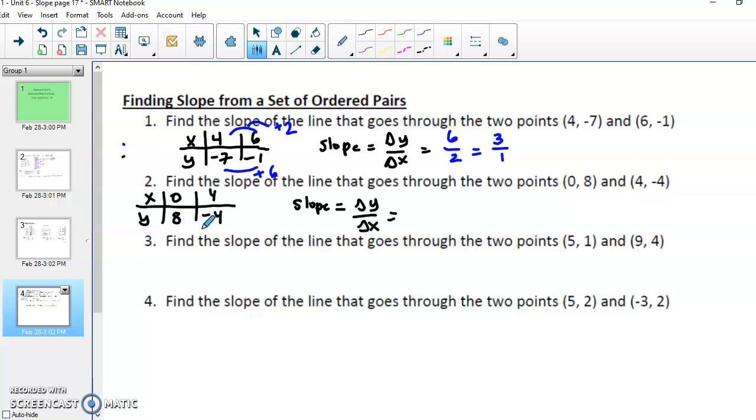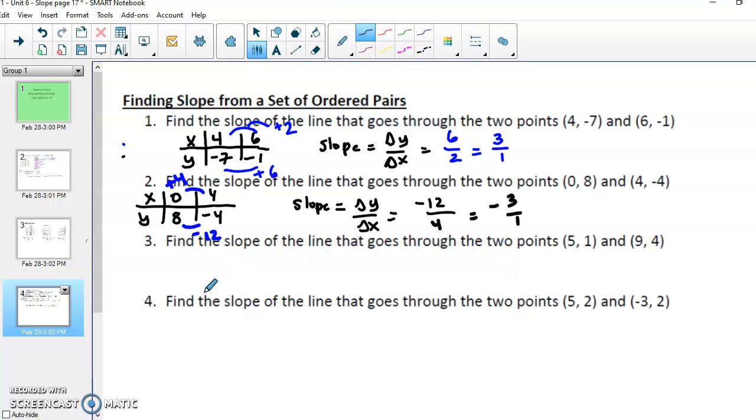My y value from 8 to negative 4 is going down 12. And my x value is going up 4. Slope is negative 12 over 4. You can bring that one down to negative 3 over 1.